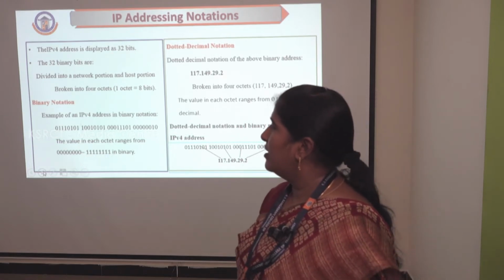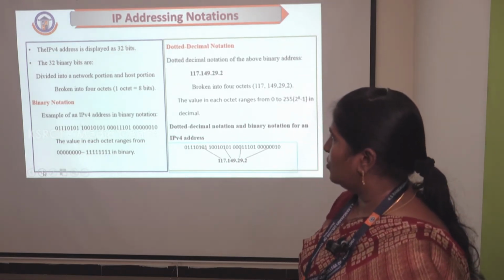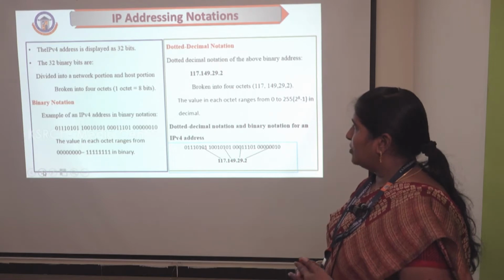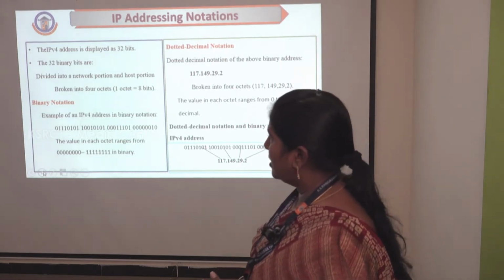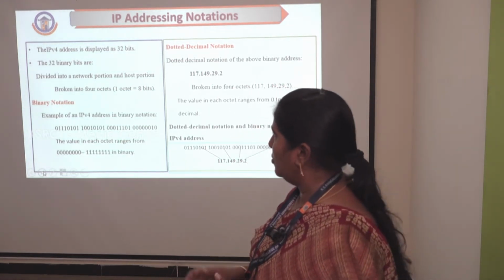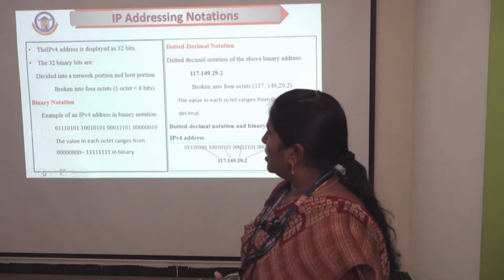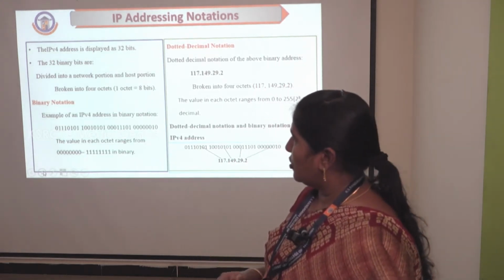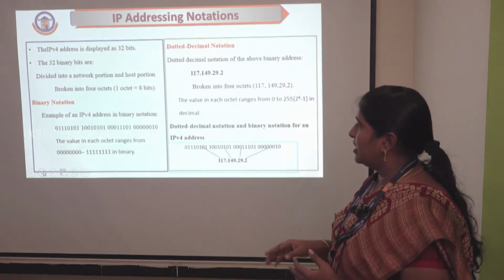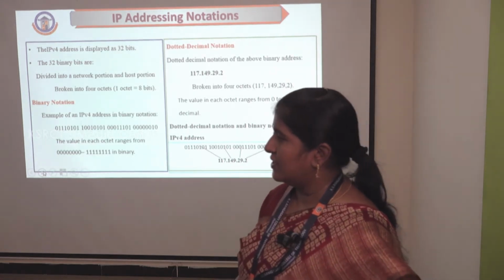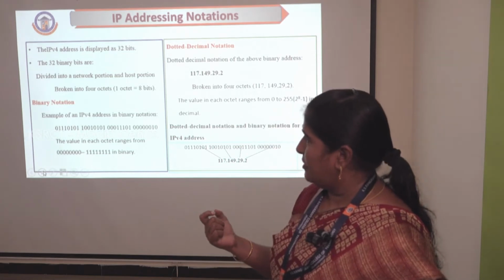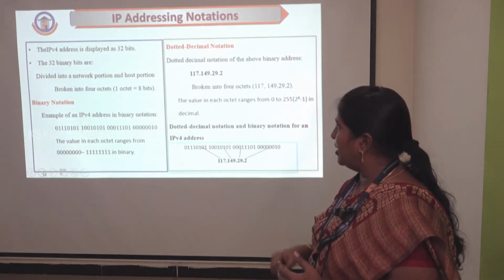The bit can be either 1 or 0. The minimum value in every byte is 00000000 and the maximum is 11111111. So all zeros is the lowest value and all ones is the highest value that can be given as an IP address in binary notation.